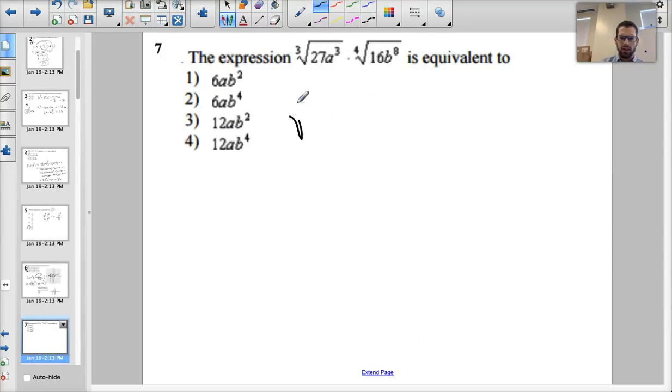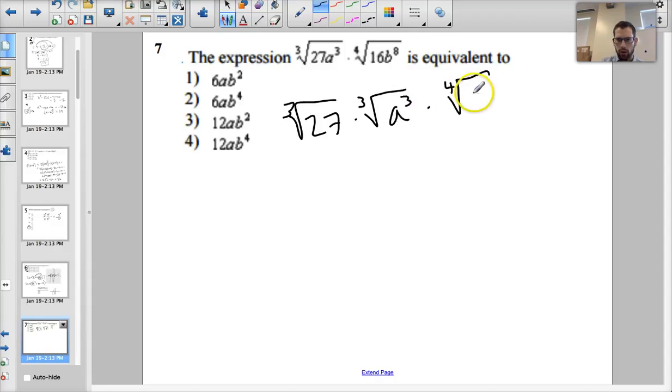So I've got the cube root of 27 times the cube root of a to the 3rd times the 4th root of 16 times the 4th root of b to the 8th. The cube root of 27 is 3, because 3 times 3 times 3 is 27. The cube root of a cubed, well, those cancel, so I'm left with an a.